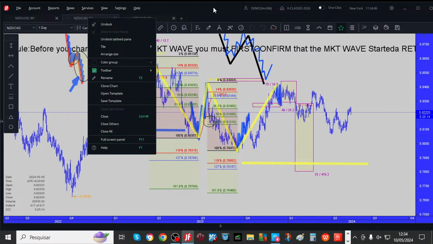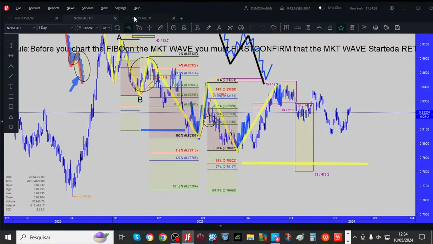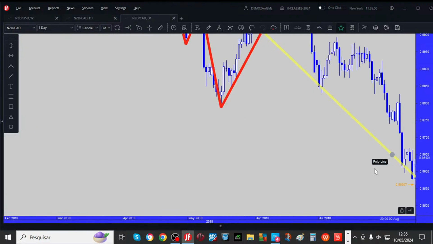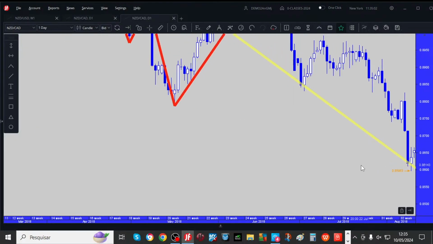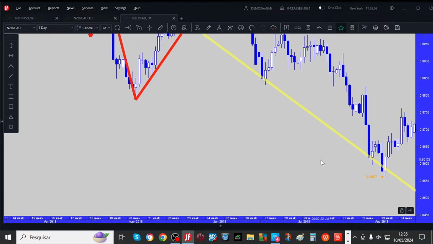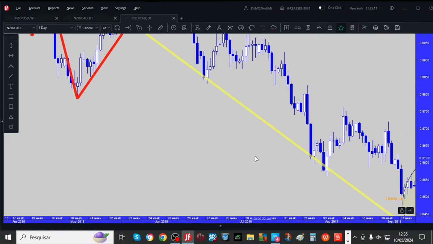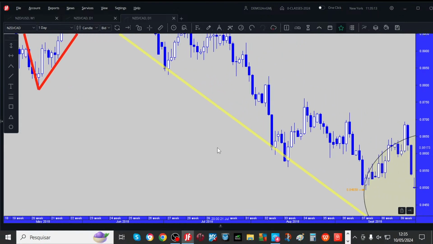Trading is a learnable skill, and you are going to graduate when you have a complete understanding of how this market works, so you can analyze the market and make an educated prediction. You're monitoring highs and lows of the market wave, only and only then.